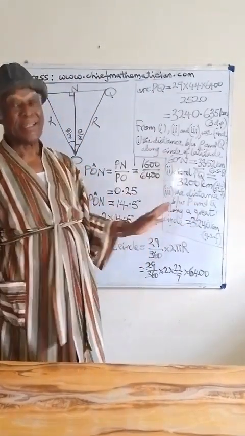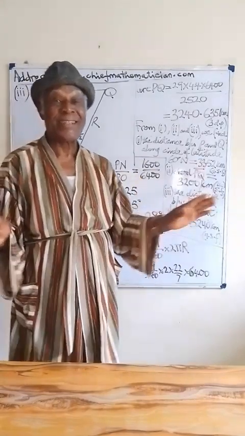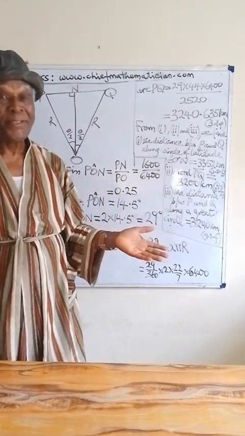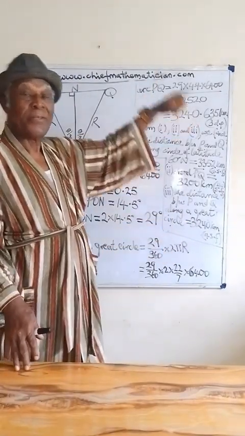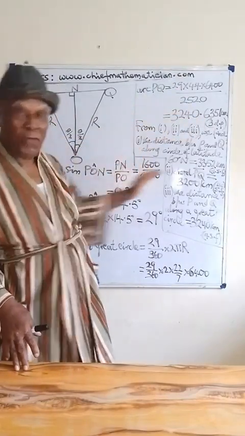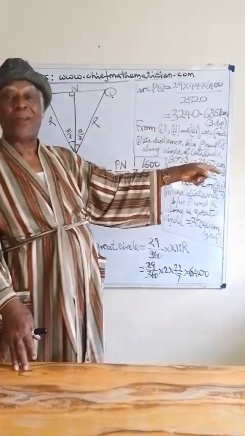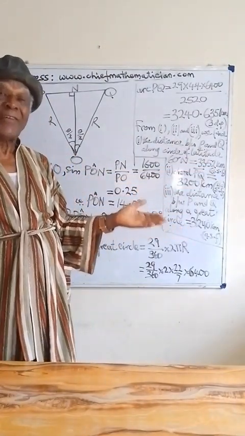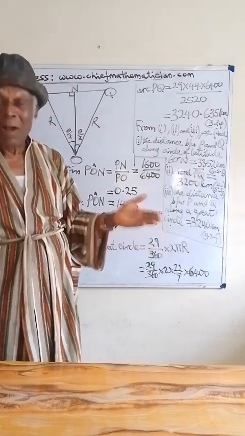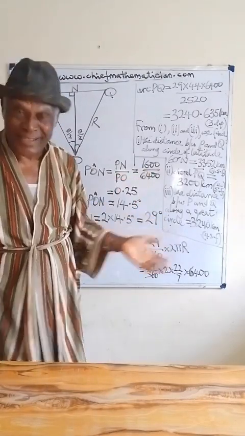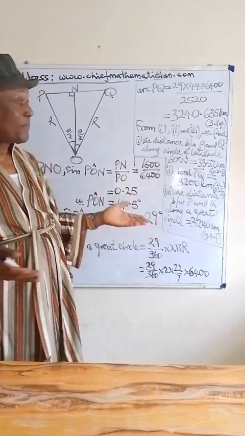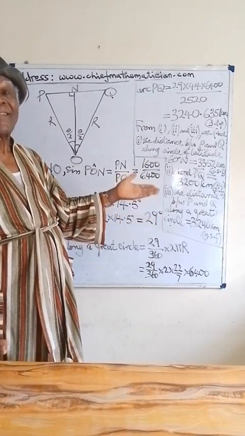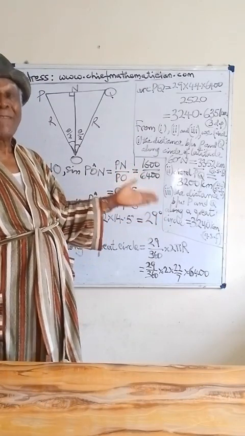Very clearly, we can see that these values are different. They are not the same. The length of the arc along the circle of latitude, the length of the chord, the length of the arc along a great circle, the three of them are different. It is now easy for us to see which of these distances is the shortest. Very clearly, you can see that it is the chord that gives you the shortest distance.